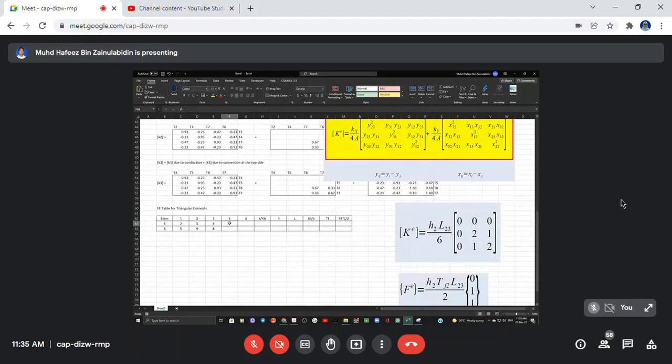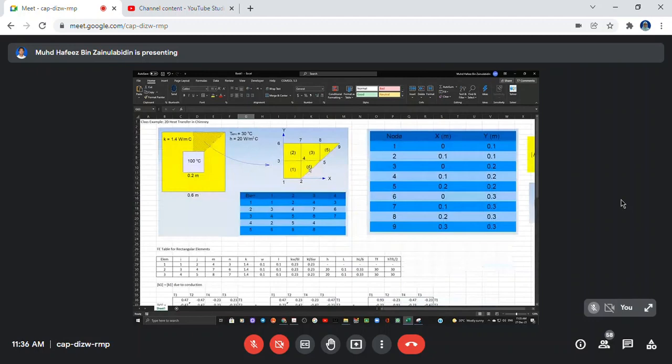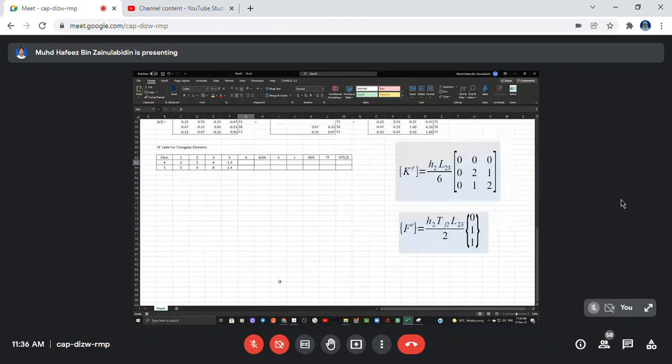Okay, A. This is a triangular shape with a right angle, so it's easy. 0.5 half times the base, 0.1, times the height, 0.1 as well. So we get A there.